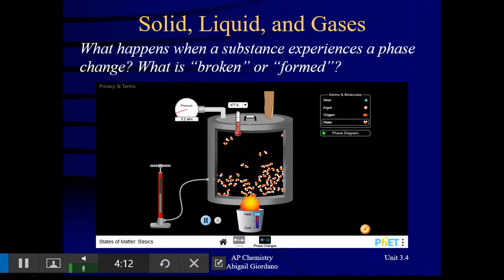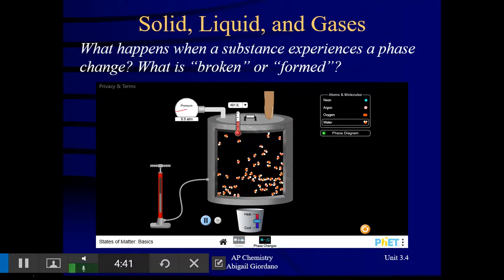So what I want us to think about is when you take a block of ice or anything in the solid form and you add heat to it, and it melts, and then you keep adding heat to it, and it boils. What are you breaking? What are you breaking to go through the melting process, to go through the boiling process? You are breaking intermolecular forces.